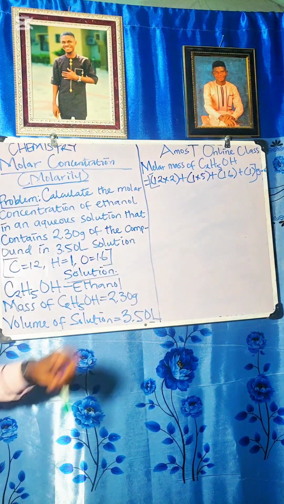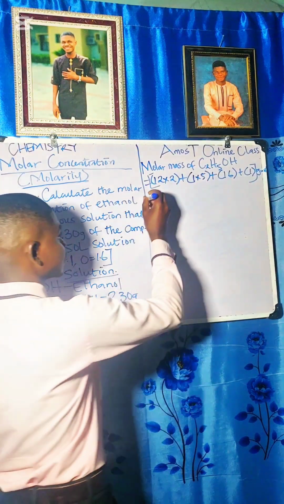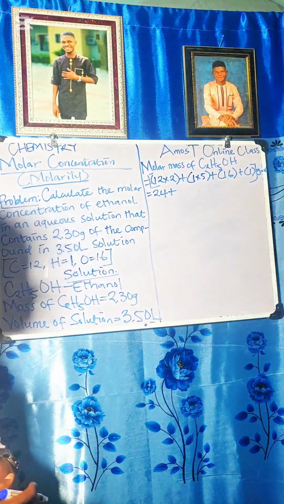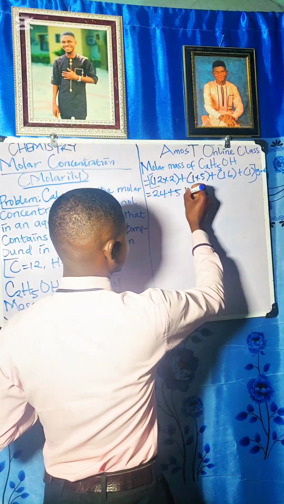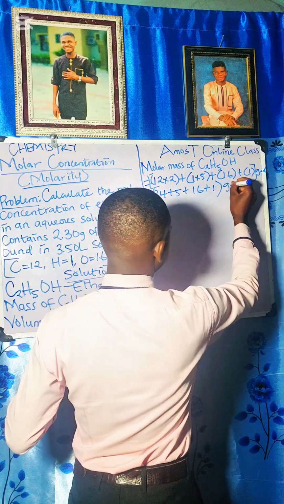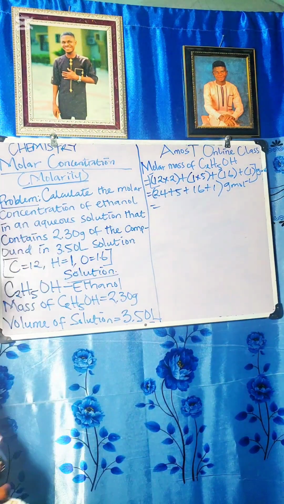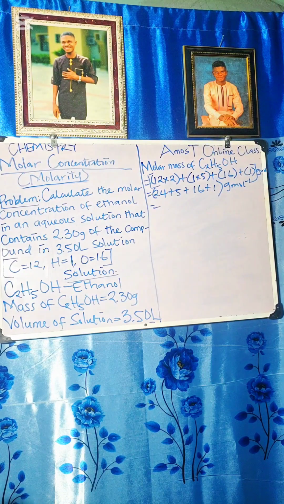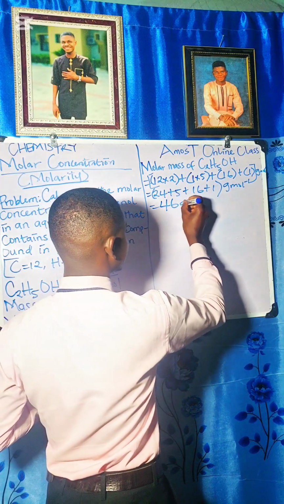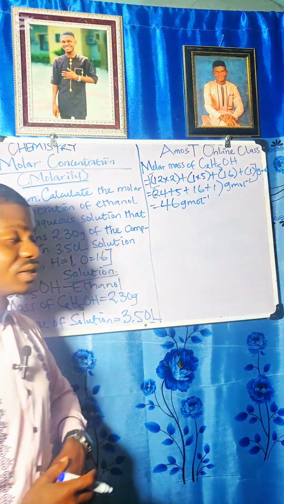For oxygen, we have 16, and for the hydroxyl hydrogen, we have 1. So 12 times 2 is 24, 1 times 5 is 5. So 24 plus 5 plus 16 plus 1, that is 46. So the molar mass of ethanol is 46 gram per mole.